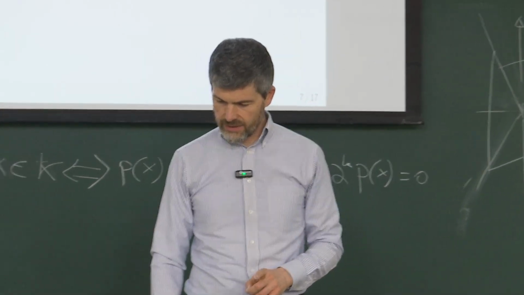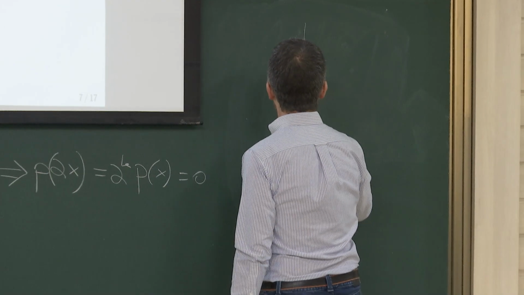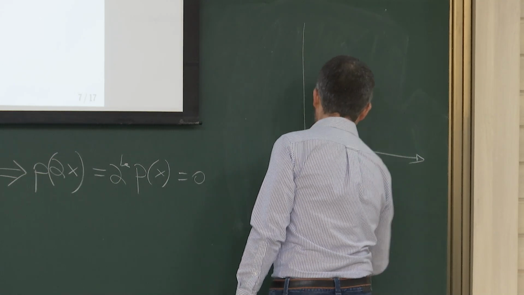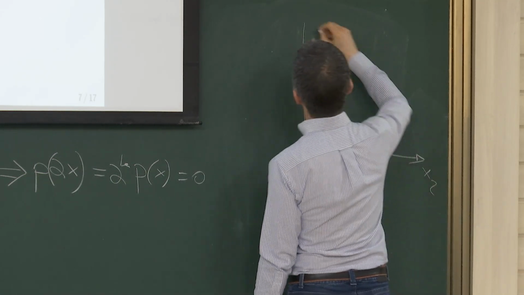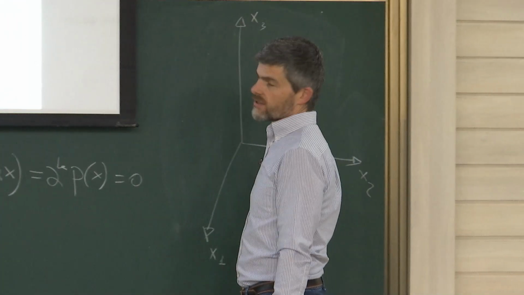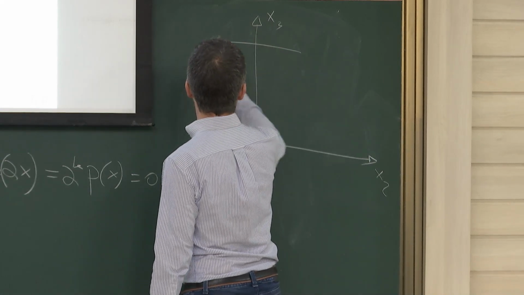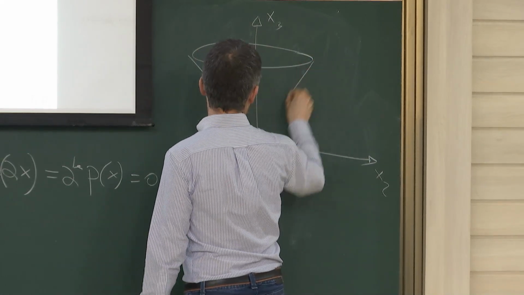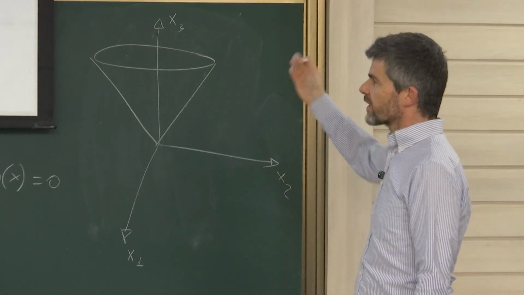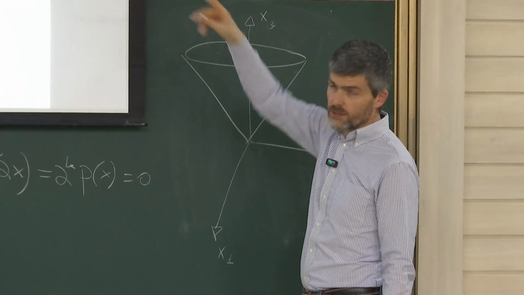And this suffices. If you take x1, x2, and n equal to 3, so this is x3, this is simply going to be the set of points for which x3 is greater than or equal to a function that looks like this cone. If you visualize it, it's much prettier than this, but this is more or less what happens. So everything inside this cone satisfies that.